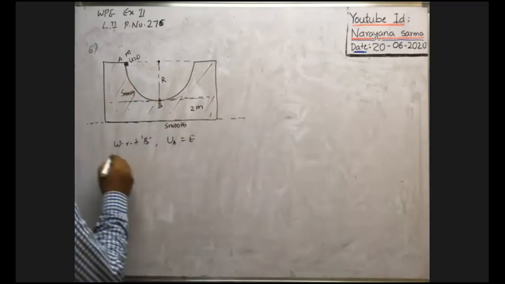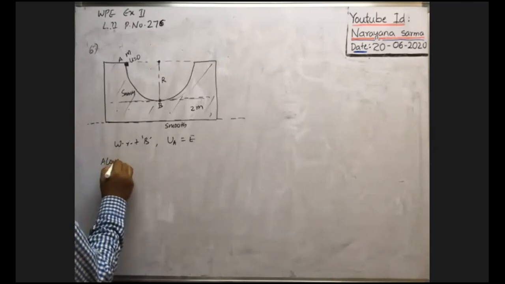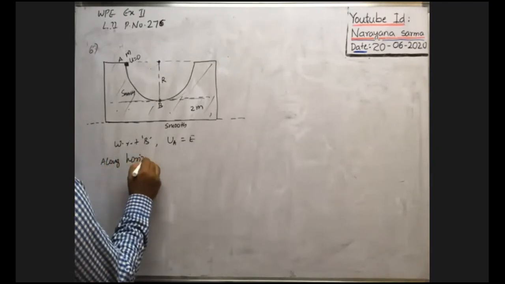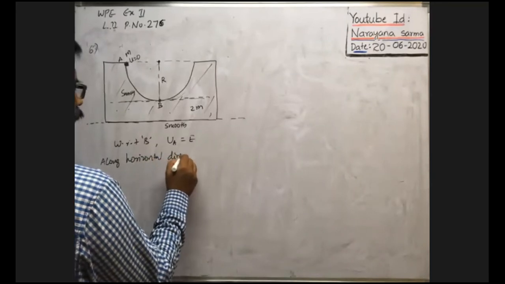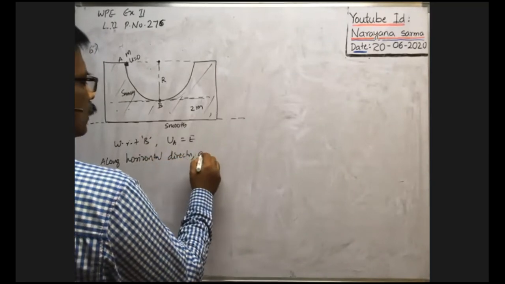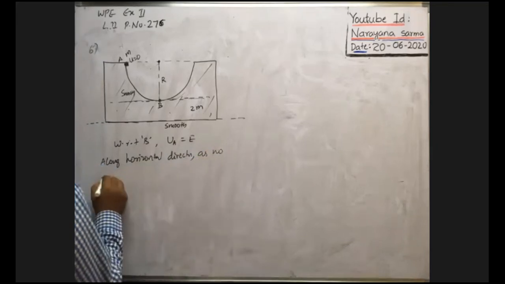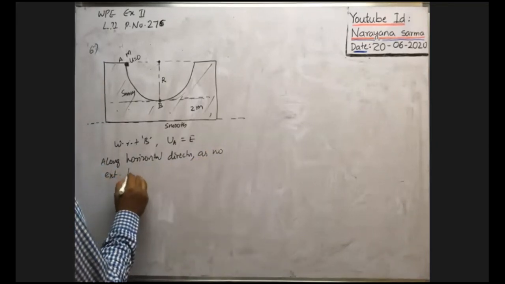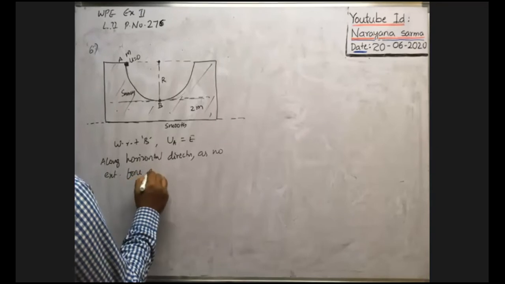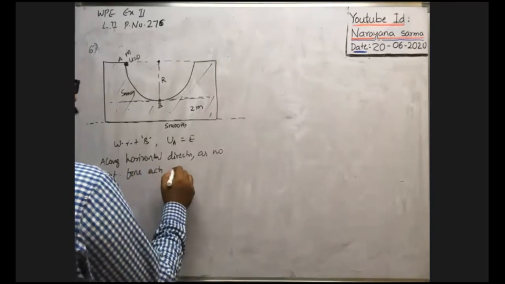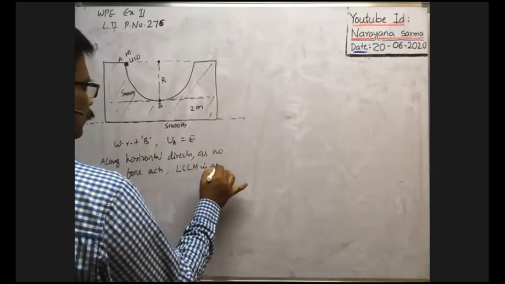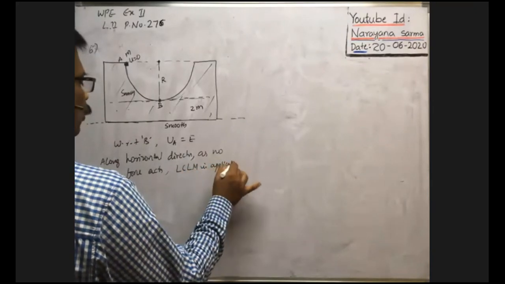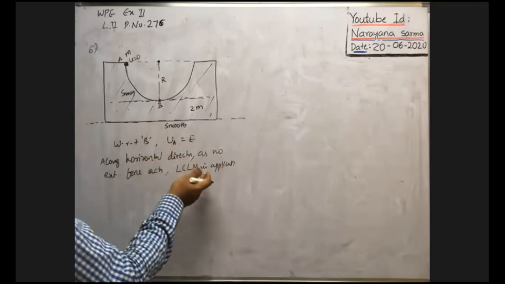So along the horizontal direction, as no external force acts, the law of conservation of linear momentum is applicable. When no external force acts on the system, total momentum is conserved, no?